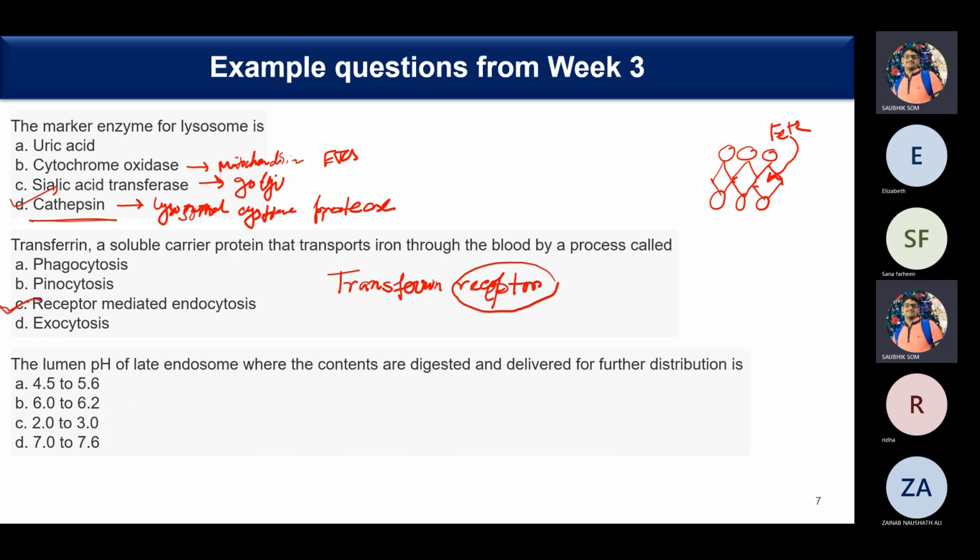You always need a transporter. Either there will be receptor-mediated endocytosis, or the ions will bind to some transporter, or there will be ion channels like sodium-potassium ion channels. Okay, again, the lumen pH of the late endosome.